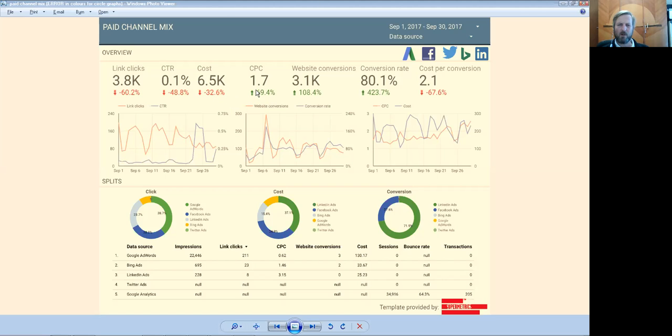So I would rather say when it comes to cost, that one should be green and that one should be red. They should swap these two around. So in this scenario, you want your cost to go down. So that's good. Even though it's red, it's good. Okay? Whereas your cost per click went up. So that's bad.